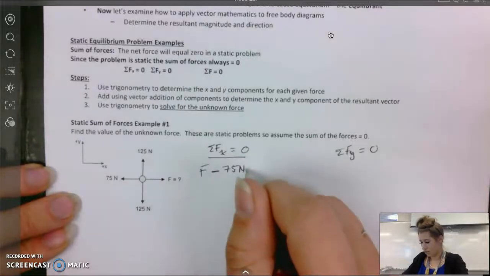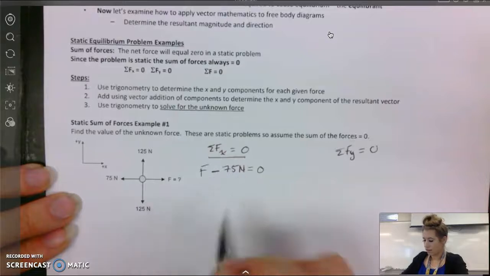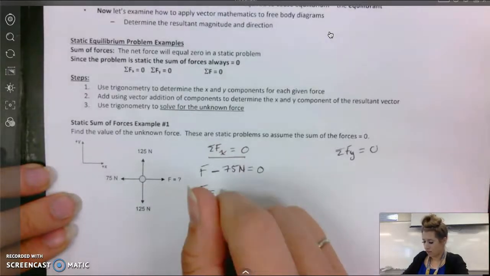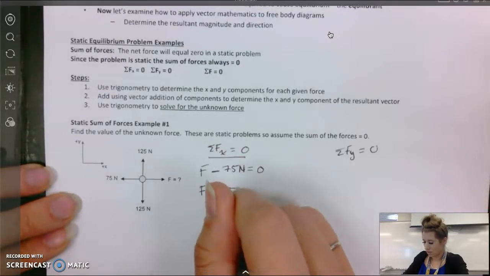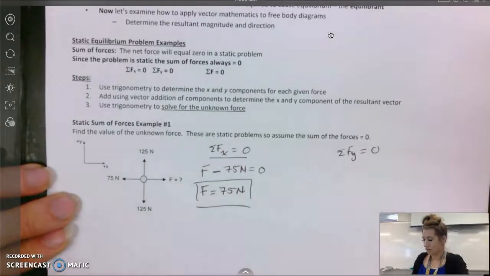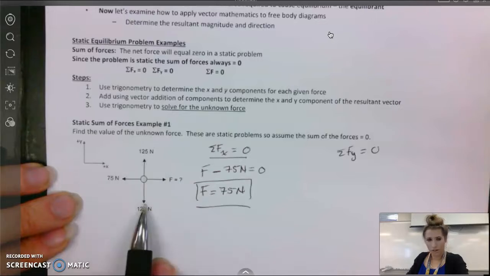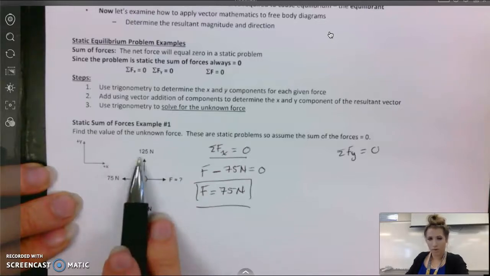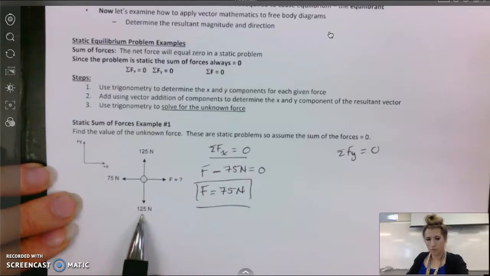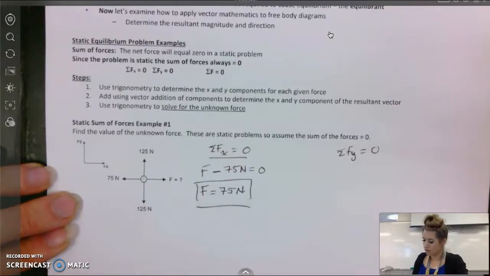And then that's going to equal 0. And so we can add that to the other side, and we can say our unknown must equal 75 newtons. Okay, nice. Look, we only had to look at our x components. So we didn't even have to go to the y. We could see, though, how they would cancel, right? We'd have a 125 newtons minus 125 newtons, and that would tell us the sum of the forces in the y are, in fact, 0.